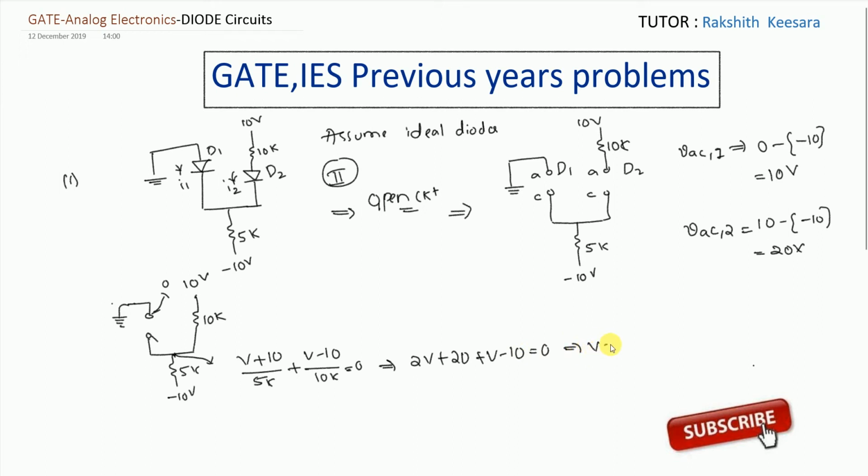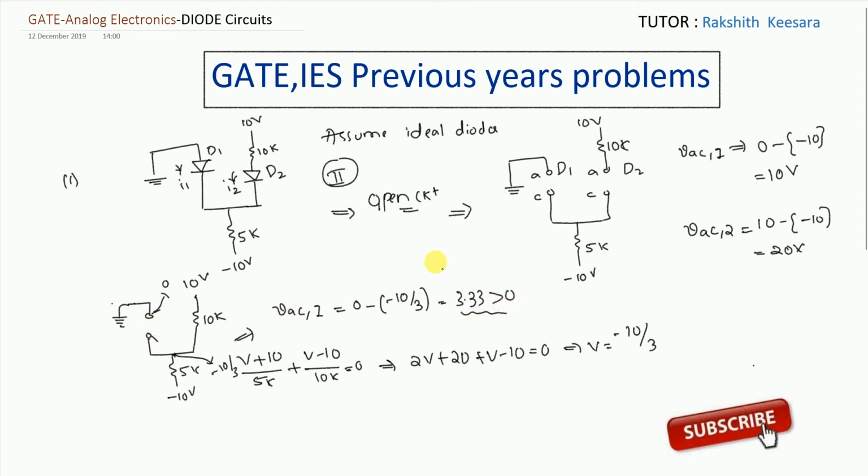From this V is minus 10 by 3. So this voltage is minus 10 by 3. From this I can tell that VAC across diode D1 is 0 minus of minus 10 by 3. That is 3.33, which is greater than 0. This indicates that diode D1 will also turn on because the voltage across diode D1 is greater than threshold voltage.